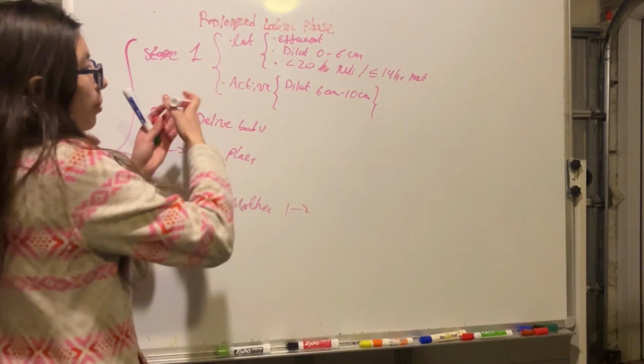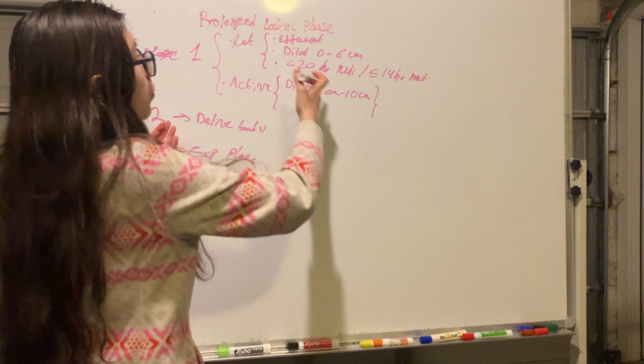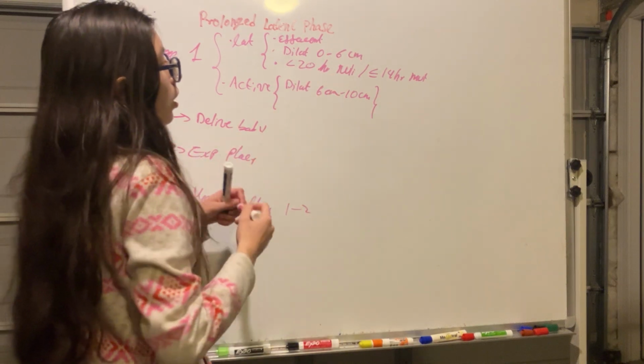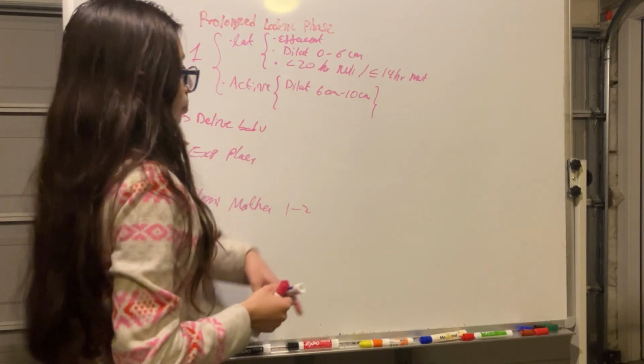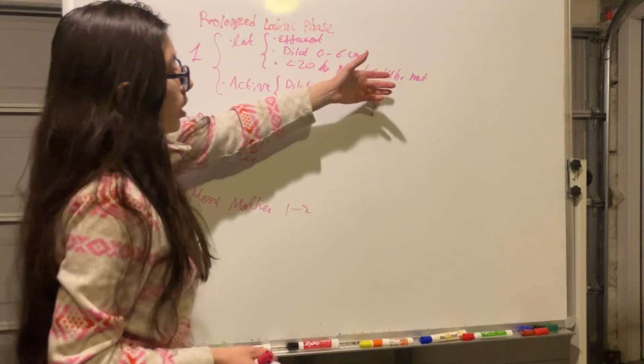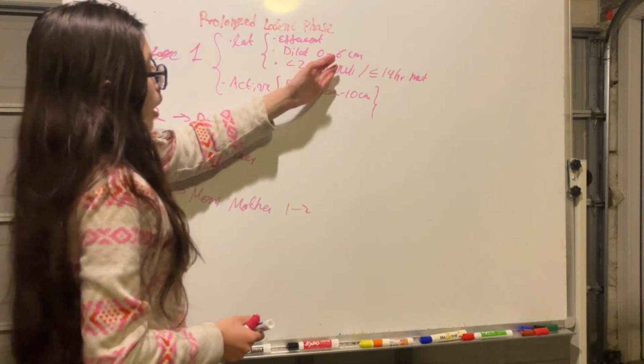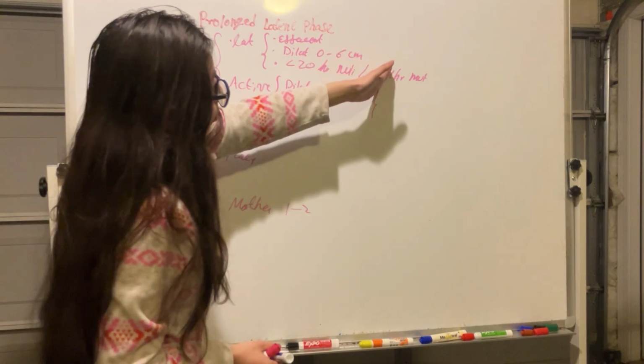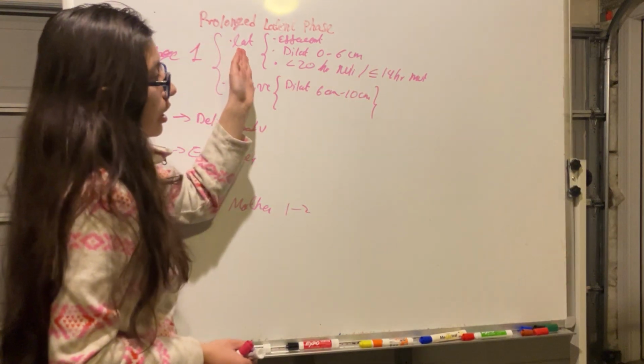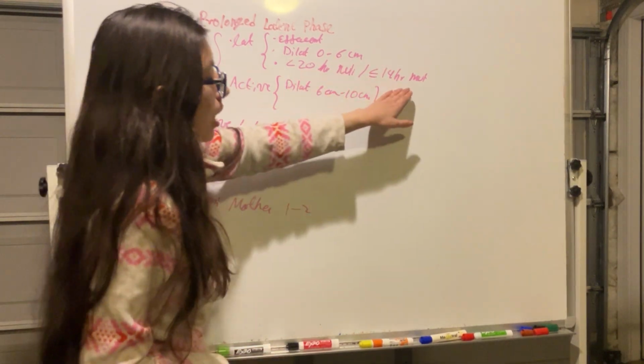So prolongation of the latent phase is when the timing for getting dilation all the way to 6 centimeters, which is the latent phase, is taking longer than this time.